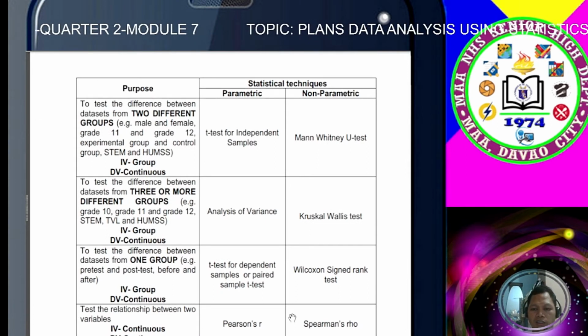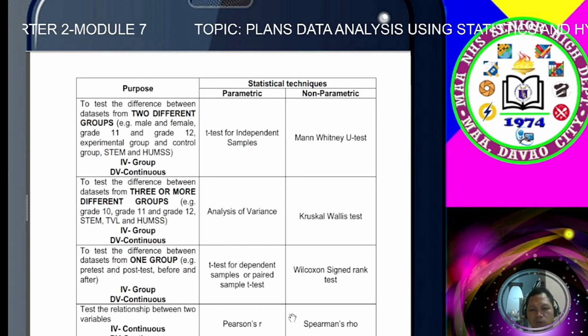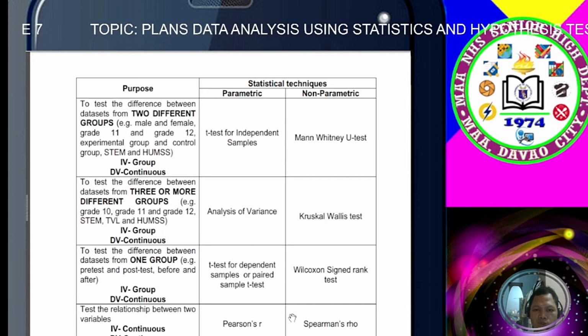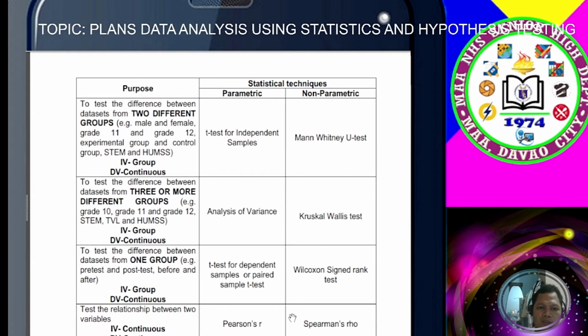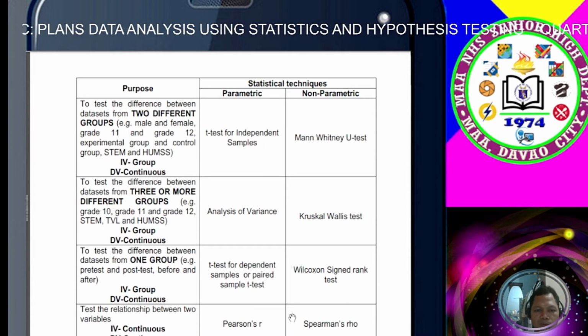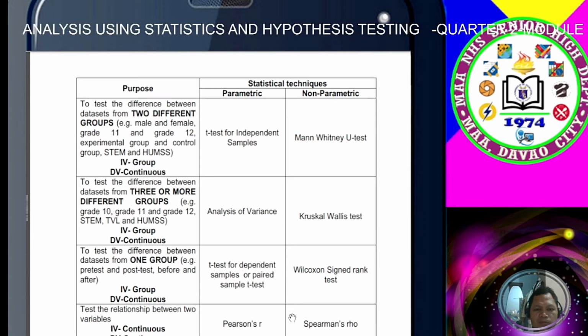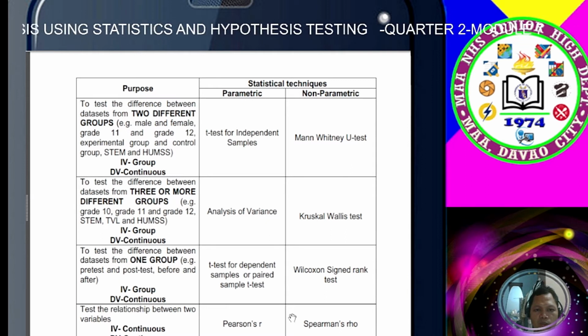Here is a guide on what appropriate statistical tools you will use in your study. Example: your purpose is to test the difference between data sets from two different groups. Take note, two different groups.